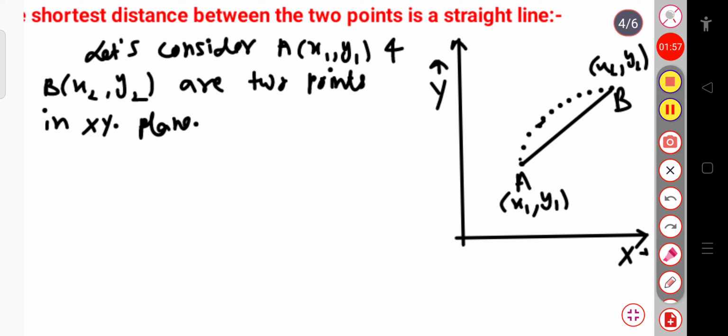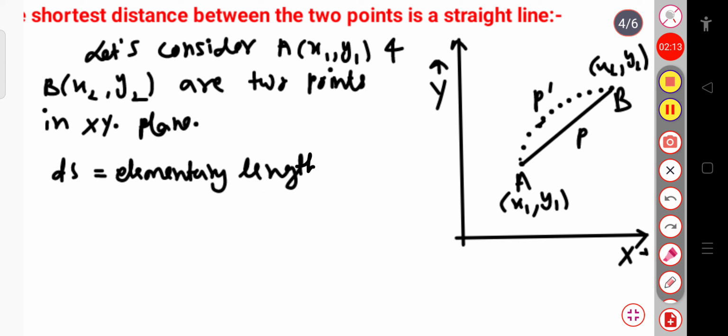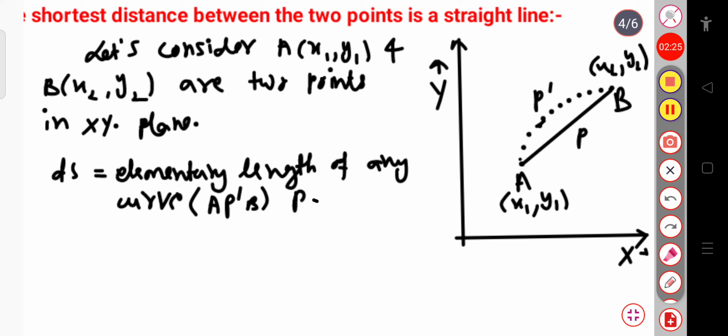Now if I consider ds, ds is the elementary length we can say. This path is, suppose, P and this path is, suppose, P prime. So let ds equal the elementary length of any curve, let me write A P prime B, passing through the A and B points.